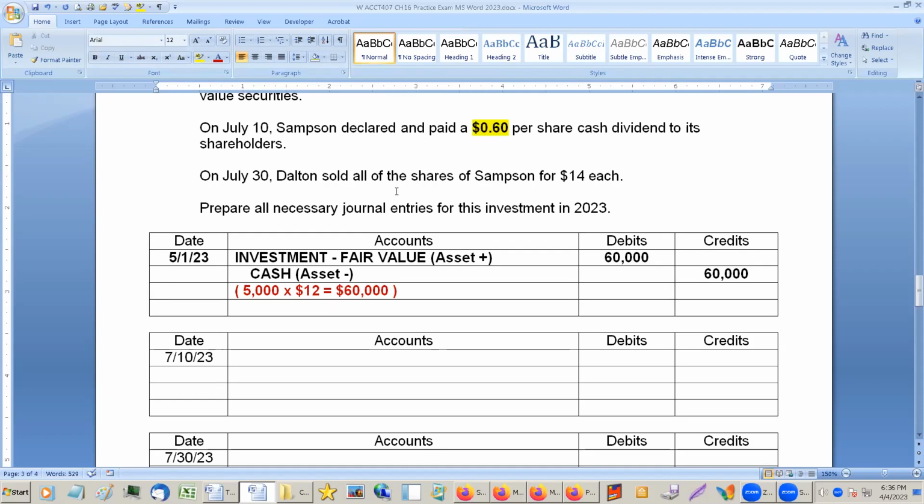Okay, they paid 60 cents a share for the dividends. So let's see, that would be 5,000 shares, $3,000.